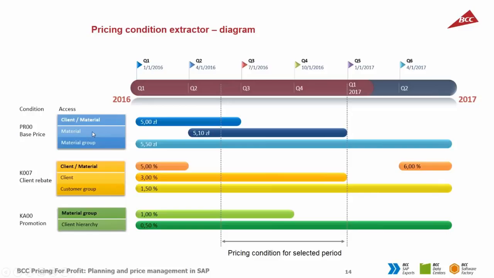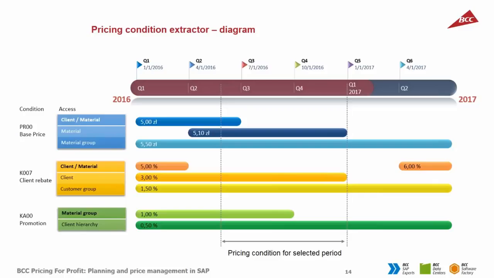So if we set the price for the first quarter of 2016, we have to see by means of which key it is found. In our example, in the first quarter, the price amounts to 5 zlotys, determined on the customer material key, and it expires in the third quarter of 2016.